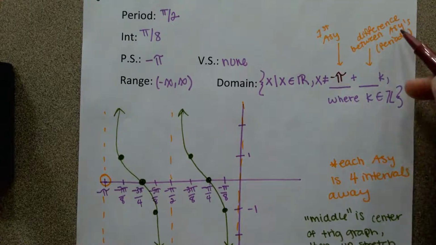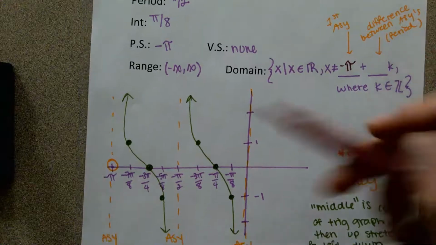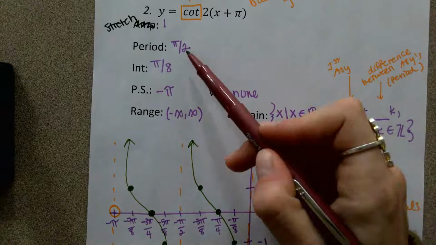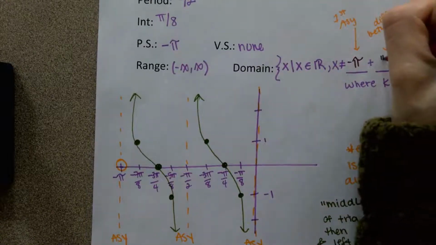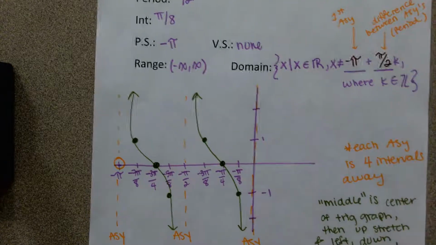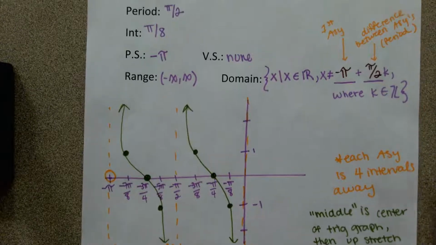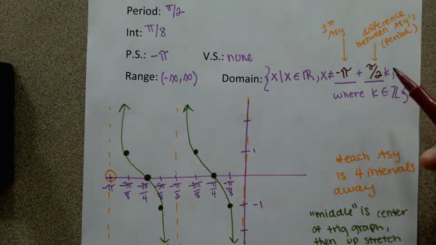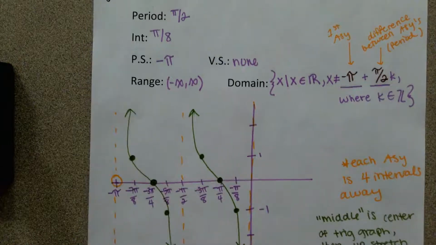And then the difference between my asymptotes is my period. So 1, 2, 3, 4 intervals is the same thing as 1 period, or pi over 2. Times k, where k is a set of the integers. So this is how we're going to write domain.